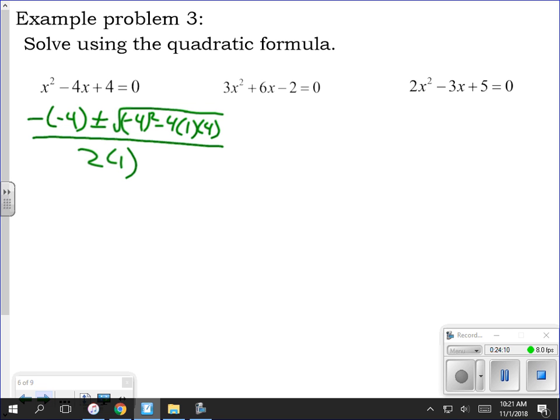And I don't do too much at once. So negative 4, that means I have 4, plus or minus the square root of negative 4 squared, which is 16, minus 4 times 1 times 4, all over 2.